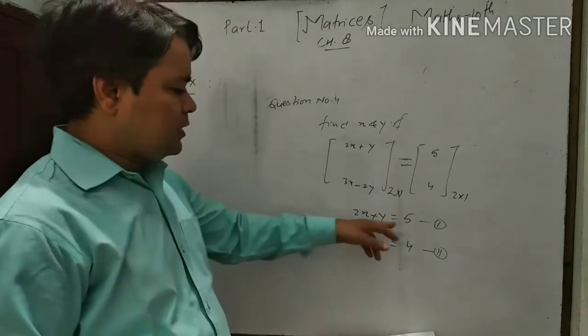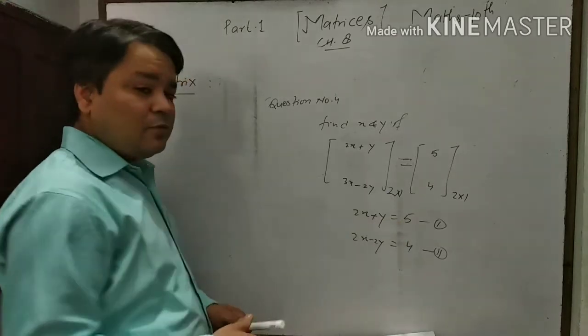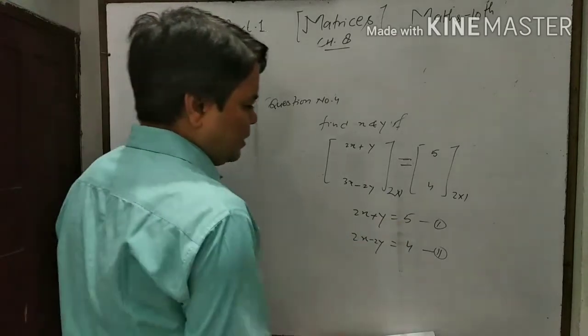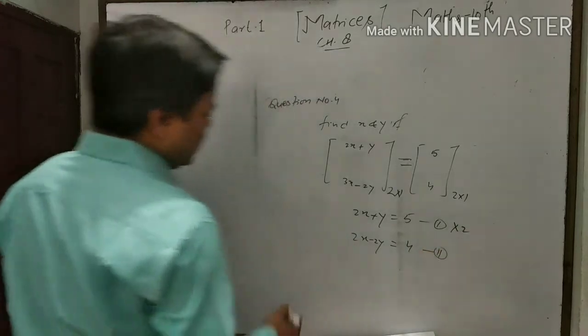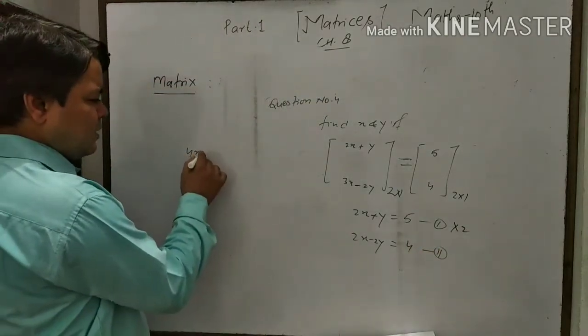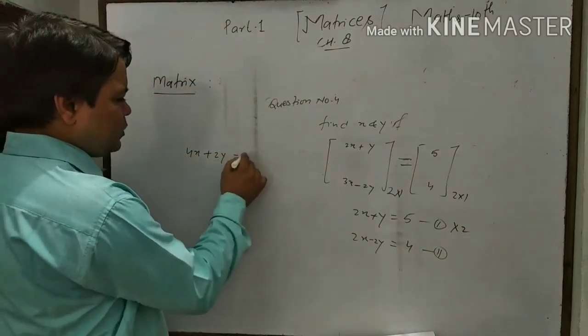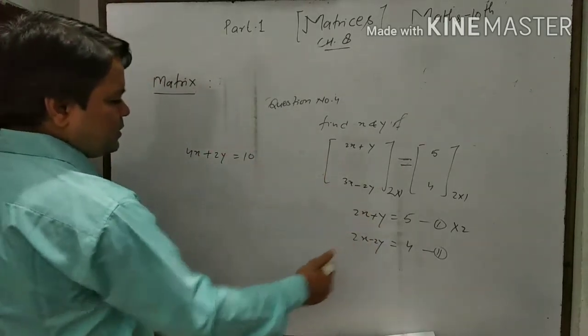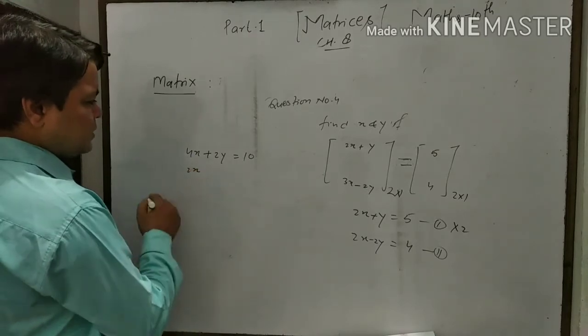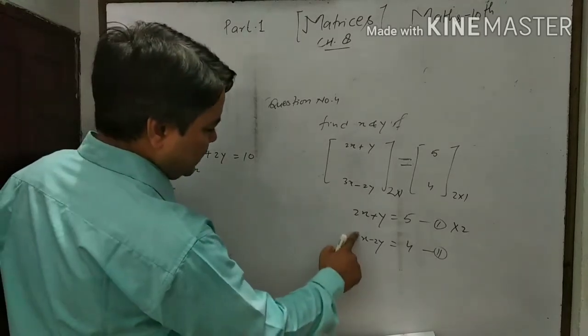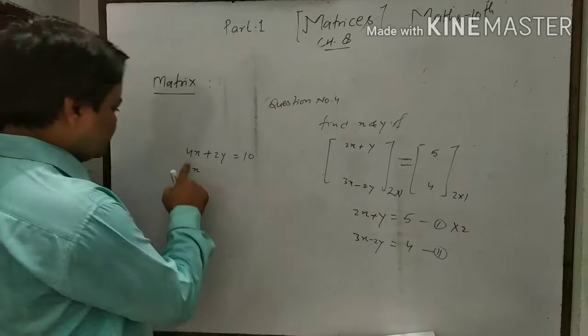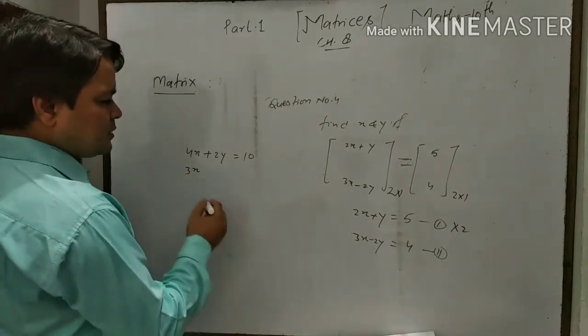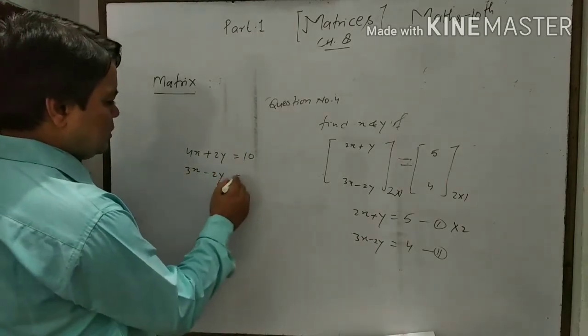If we solve it by elimination, we first make the coefficient of y the same. So here multiply by 2. It will be 4x plus 2y is equal to 10. And now write here 3x minus 2y is equal to 4.